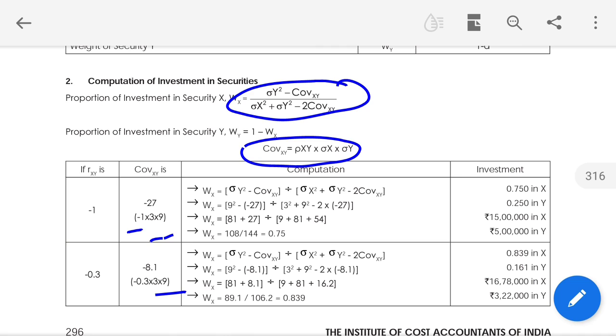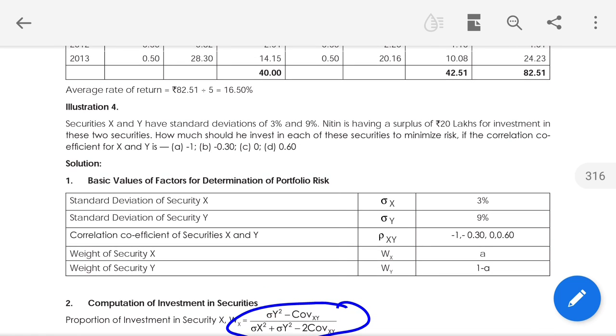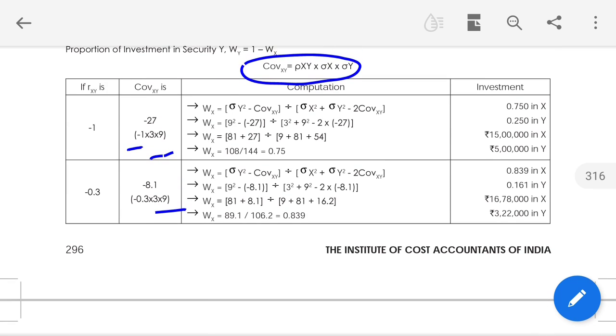When we substitute values, 9 square, since standard deviation of Y is 9, minus covariance, which we calculated in the second column, minus 27, divided by 3 square, the standard deviation of X, plus 9 square, the standard deviation of Y, minus 2 into minus 27.